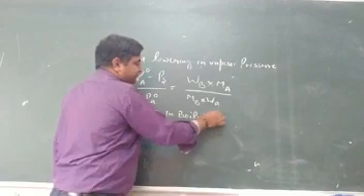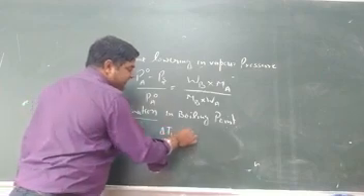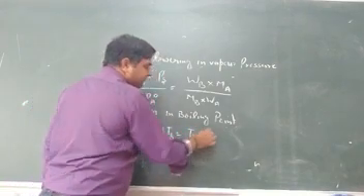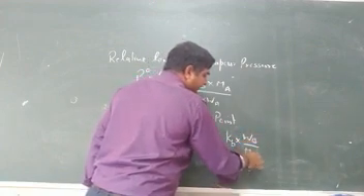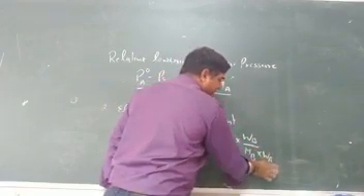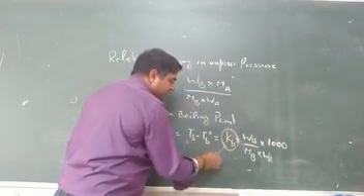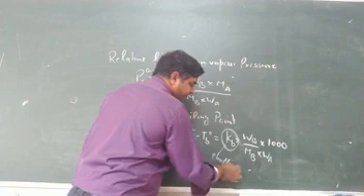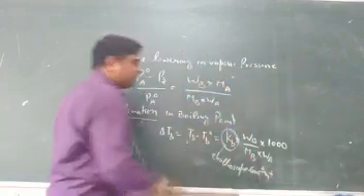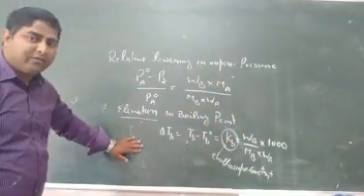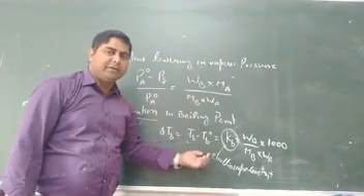And for that, the formula that we have done was delta Tb, which is equal to Tb minus Tb naught, equal to Kb into WB upon MB into WA into 1000, where Kb is called the ebullioscopic constant. By using these two colligative properties, we can easily calculate the molar mass of a non-volatile solute.